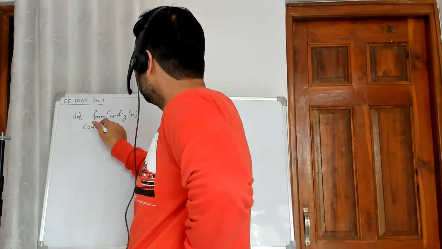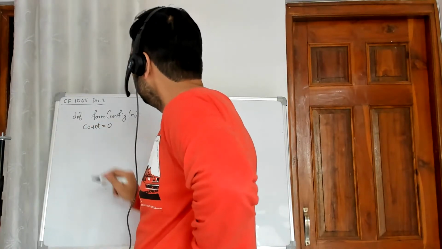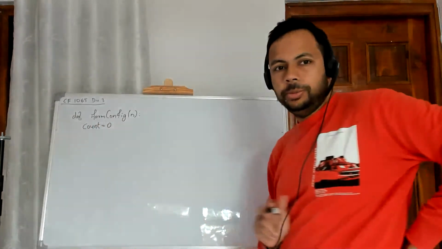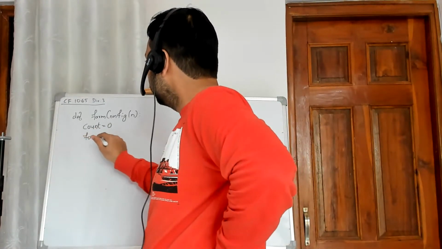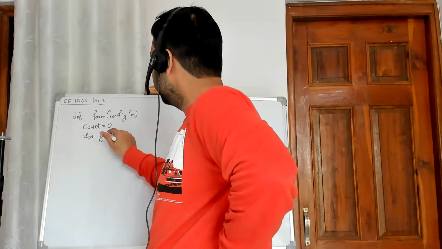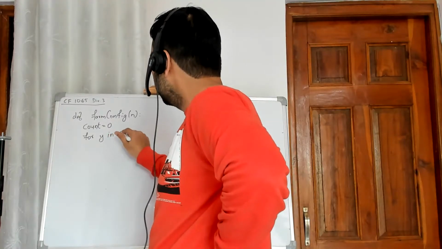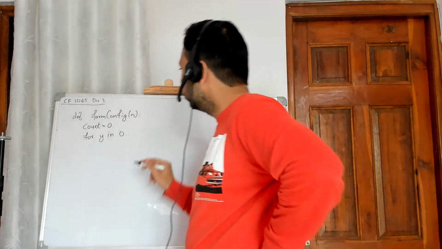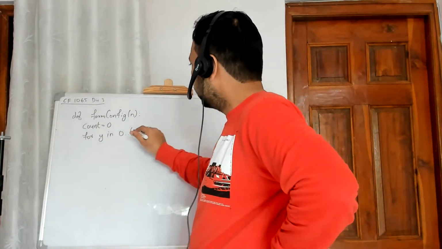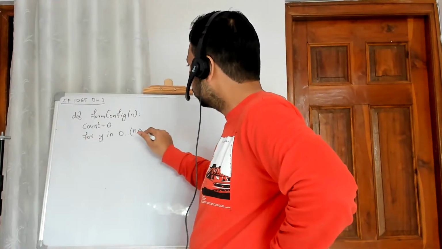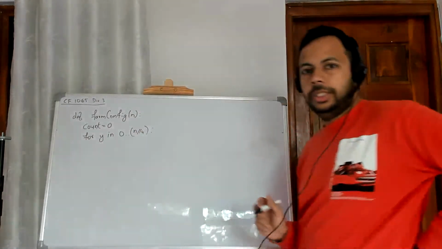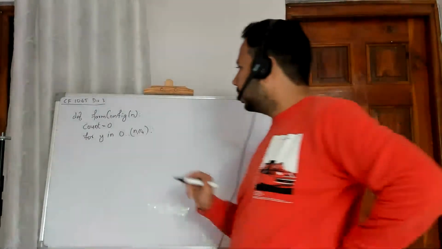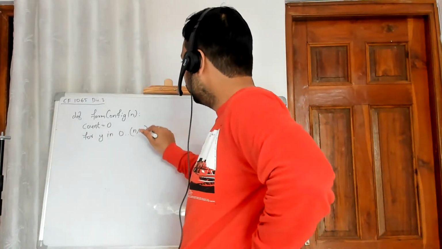There's a count which is equal to 0, and then you run a loop for y in 0 to n by 4. This is your y. That's the maximum value. Actually, n by 4 plus 1.